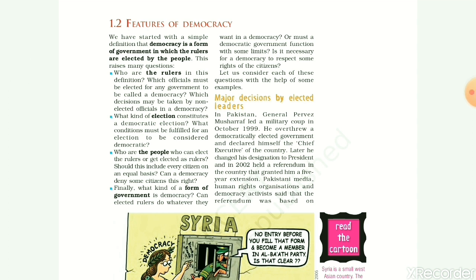There is an example, major decisions by elected leaders. There is an example of Pakistan, General Pervez Musharraf. He forcibly removed a democratically elected government, okay, and proclaimed himself the chief executive of the country. Later he changed his designation to president.